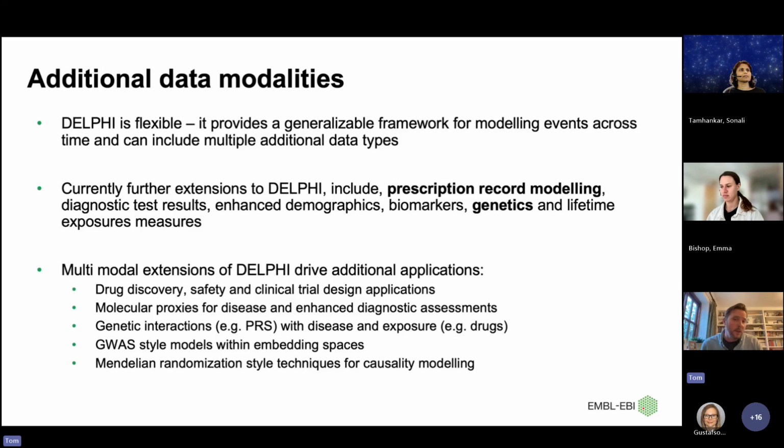We have been working for some time on extensions to the model. The basic framework is very flexible, and we've added a lot of more general frameworks to allow you to add additional data types, and are actively working on this. So, for example, addition of prescription records within the same model, further diagnostic tests, biomarkers, genetics, and even lifestyle exposure measures.